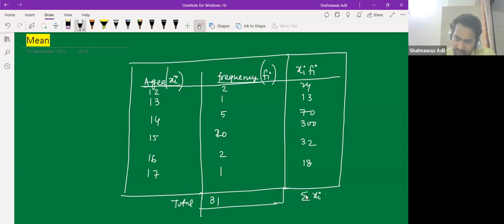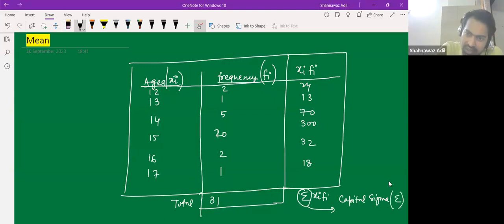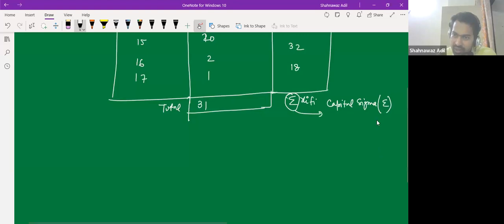This sign is the capital sigma in Greek letters, and this is called the summation. This is a simple notation for sum. And then if you want to calculate the mean, it is represented by x bar.